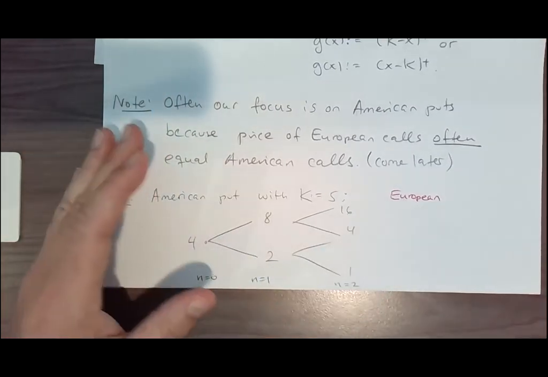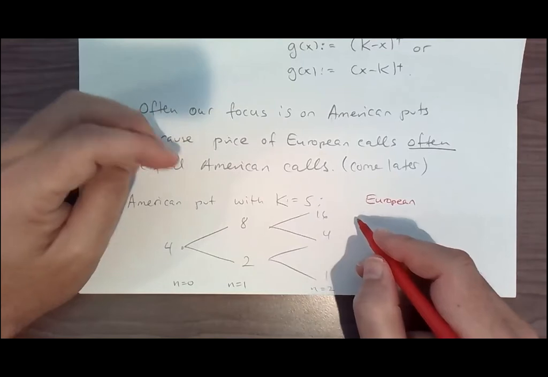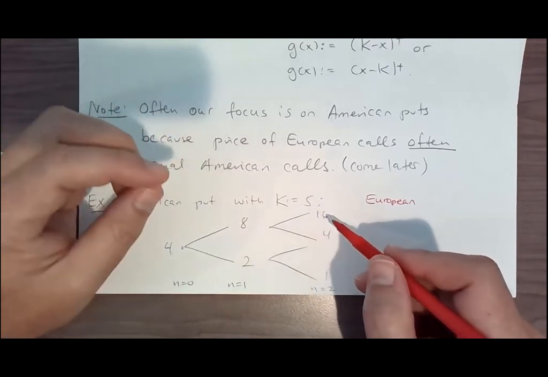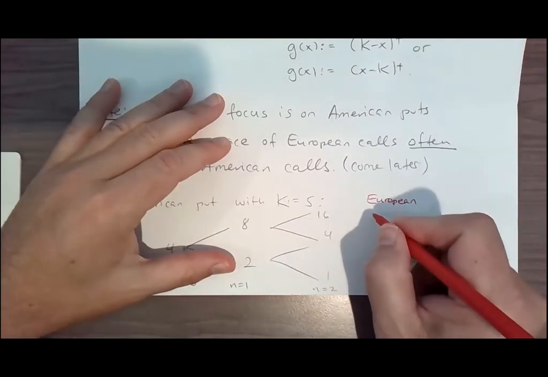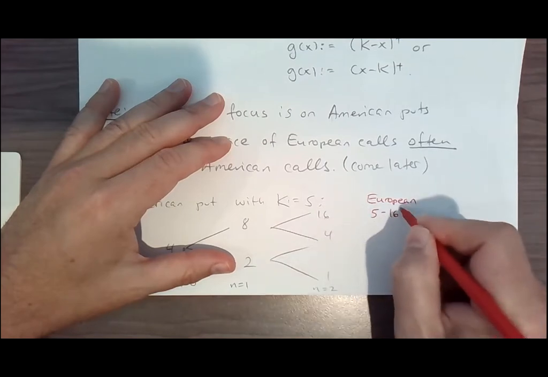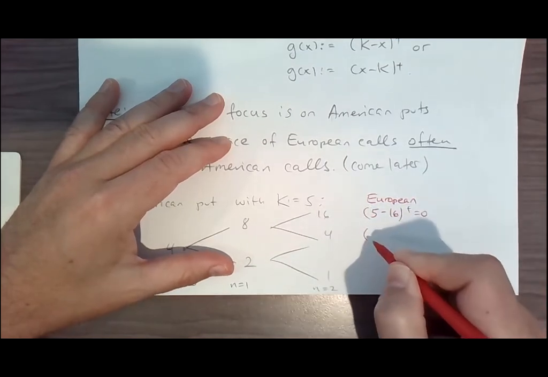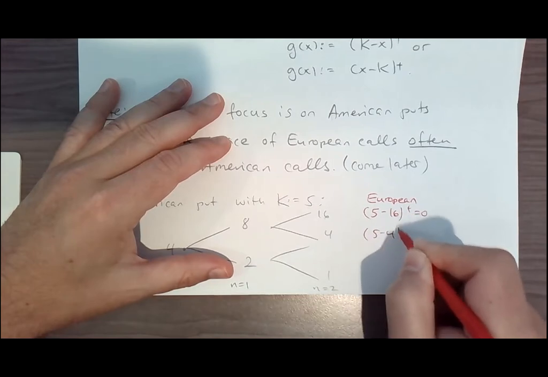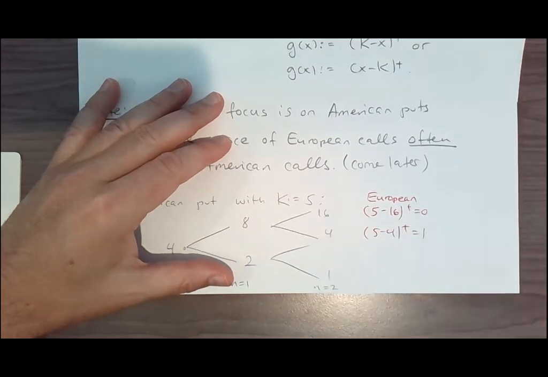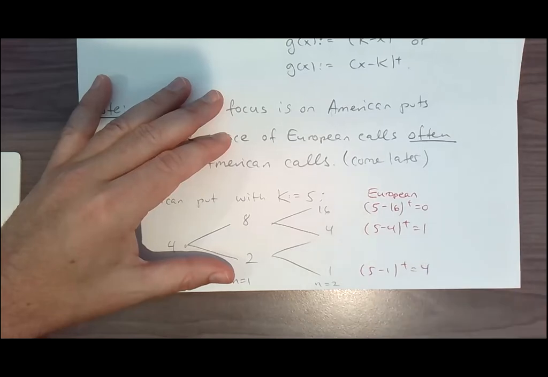If I list the European payoff, the European ones are now in red. And what would it be? Well, it's a put. So the European one is 5 minus 16, plus the positive part. This is 0. Then the next one, this is 5 minus 4, plus the positive part. This is a 1. And the bottom one, this is 5 minus 1, plus the positive part. This is a 4.